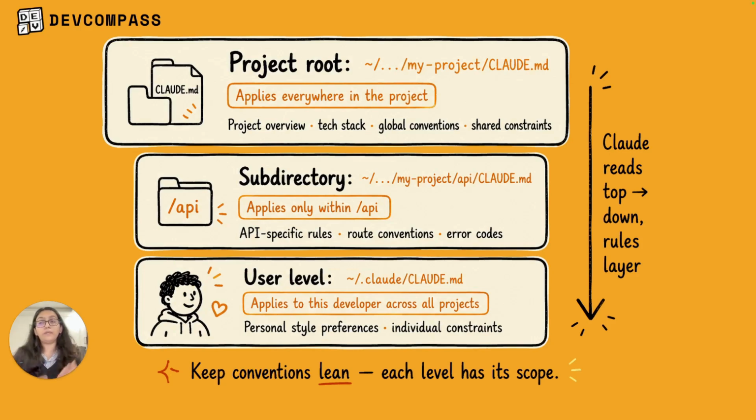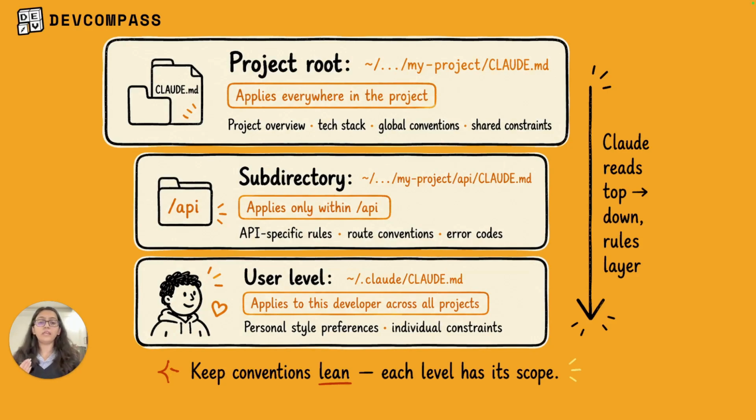So your API/claude.md can say return 422, not 400, for validation errors. The rule only applies in the API directory. The scope badge says applies only within /API, so it is limited to a subdirectory and not your entire project.